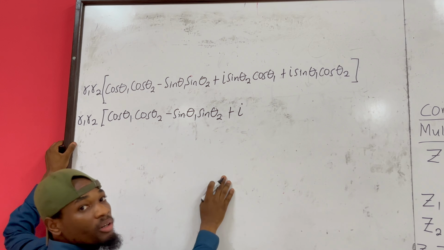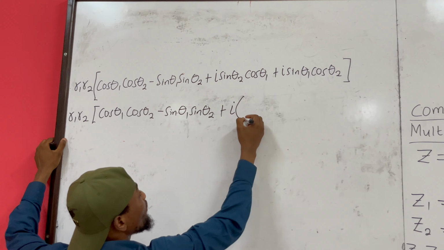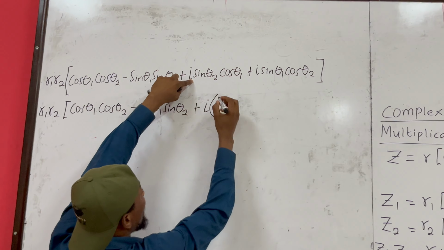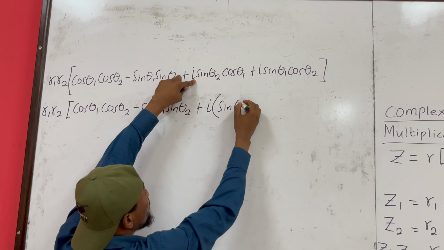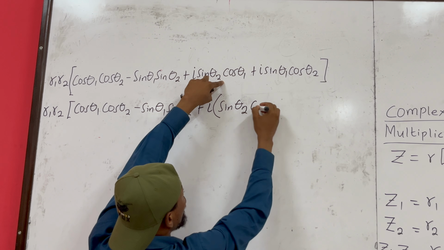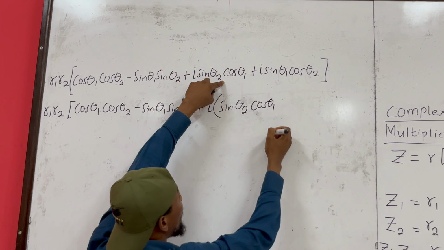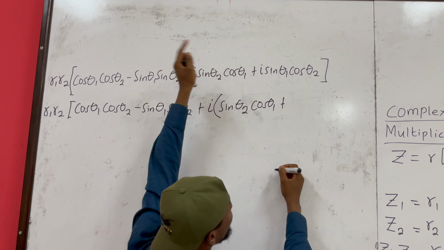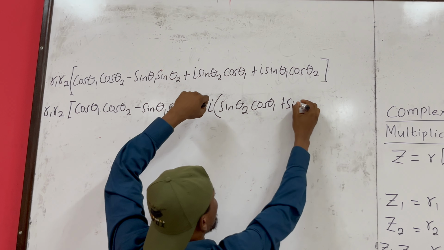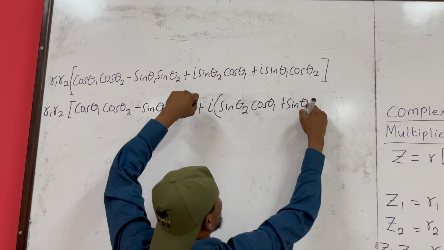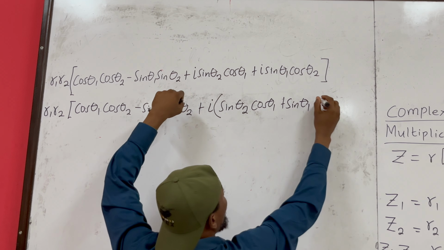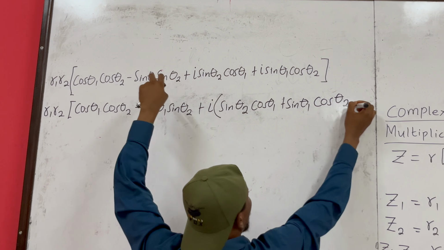I take the common term out, which is i, open brackets. I have sine theta 2 cos theta 1, then plus, i is already there, so I have sine theta 1, then I have cos theta 2.